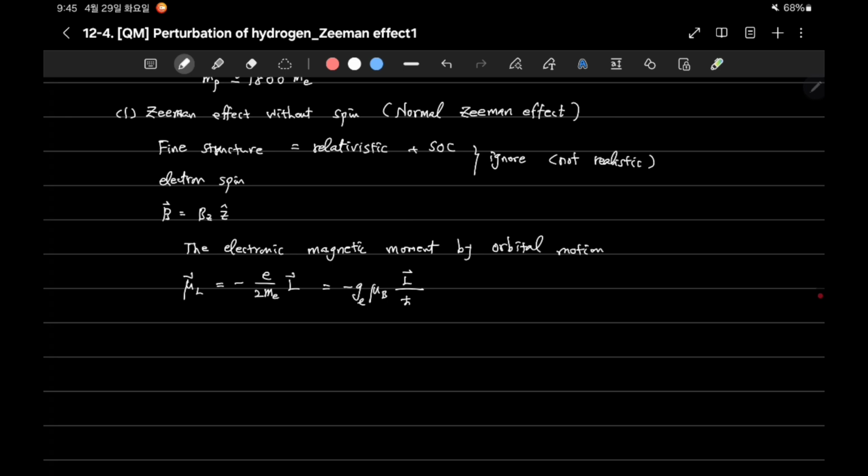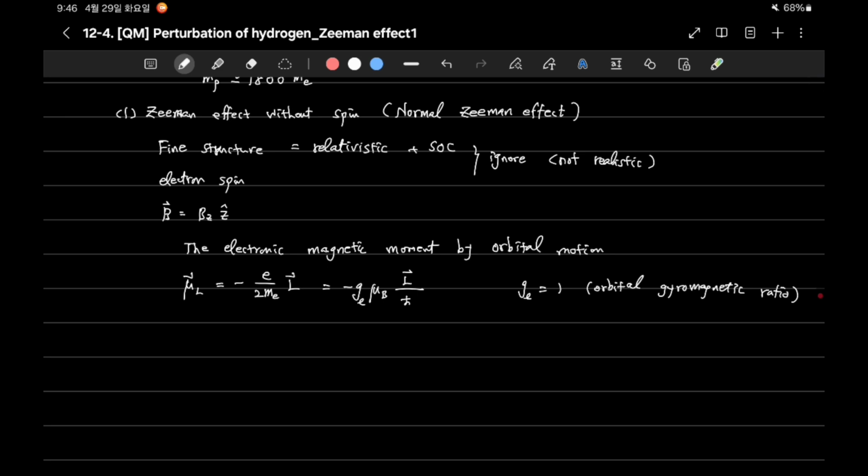Here g_L means the orbital gyromagnetic ratio, which in most cases is equal to 1. It is a factor for the orbital motion.